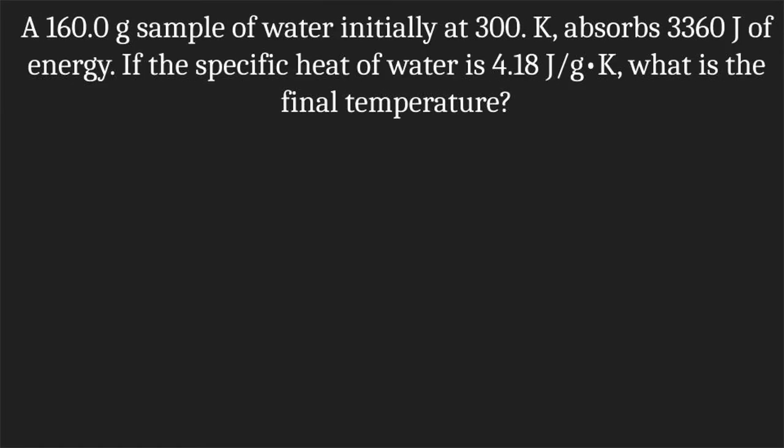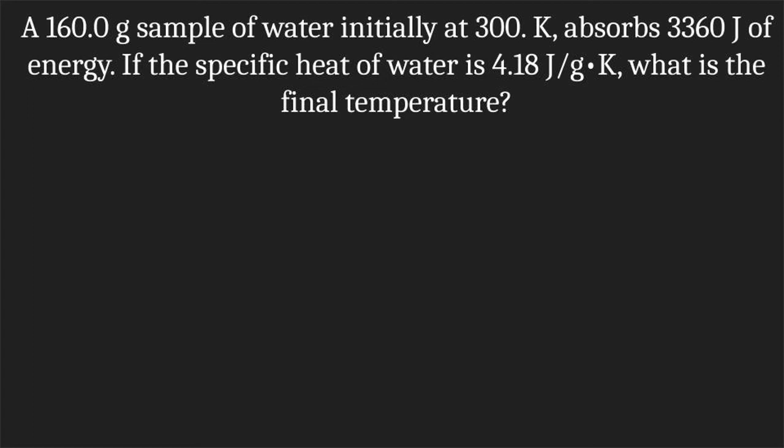For our last example, we are told that a 160 gram sample of water initially at 300 Kelvin absorbs 3,360 joules of energy. If the specific heat of water is 4.18 joules per gram Kelvin, what is the final temperature?